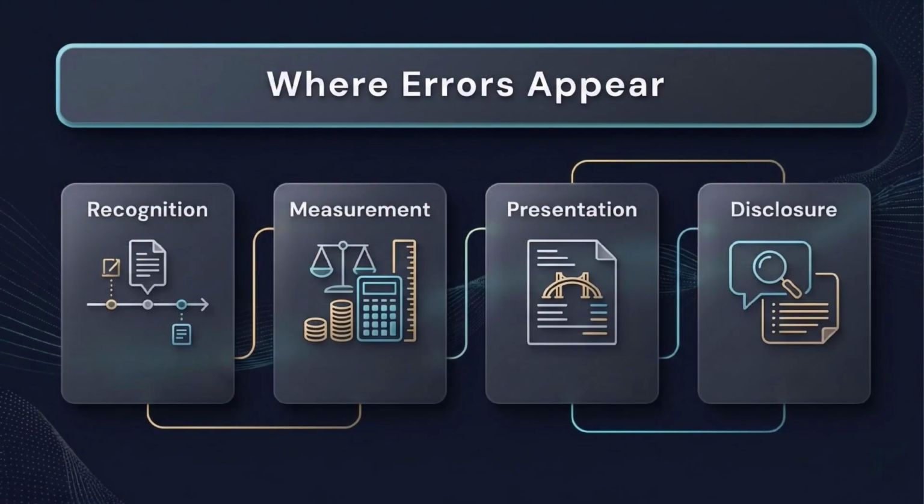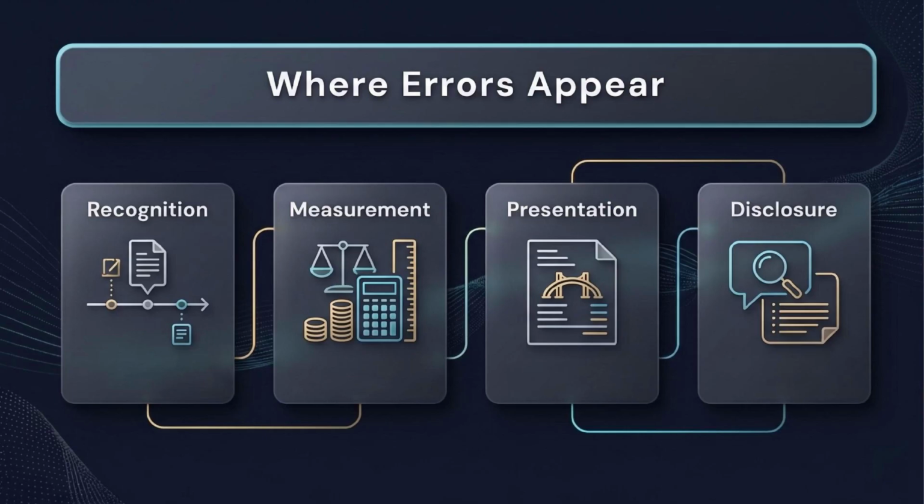Errors can appear in several layers of financial reporting. Recognition errors happen when an item is recorded in the wrong period or omitted completely. Measurement errors happen when an item is recorded but at the wrong amount. Presentation errors happen when the number may be correct but it appears in the wrong line item or category.